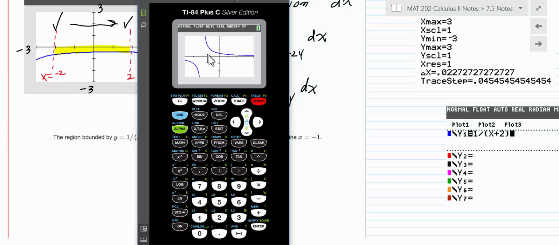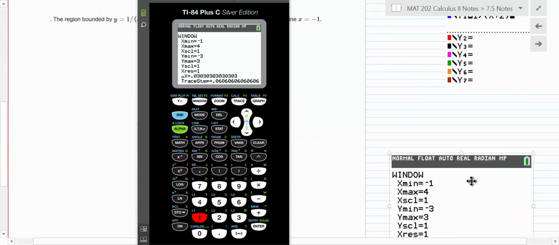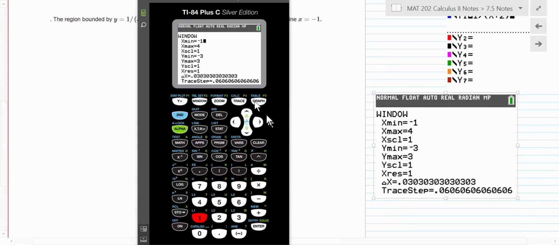Now I'm going to change my window. For x minimum, I'm just going to do -1, because that's really what I'm interested in, rotating around the line x equals -1. So I think if we do this window, that should give us a pretty good view on here. Then I'm going to do the graph and have you sketch a graph on here.